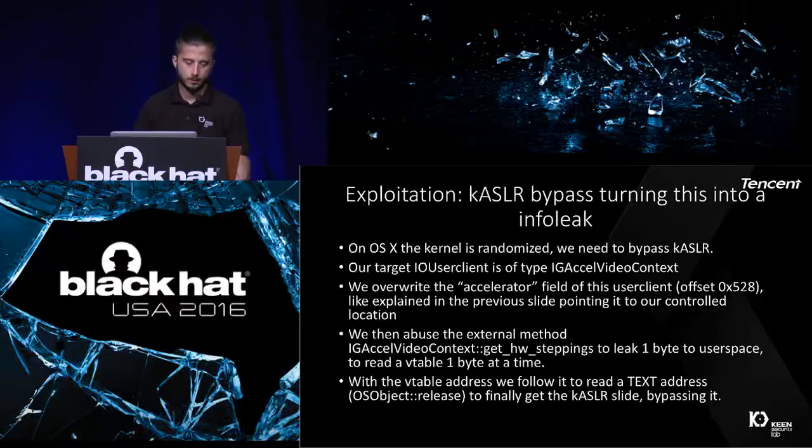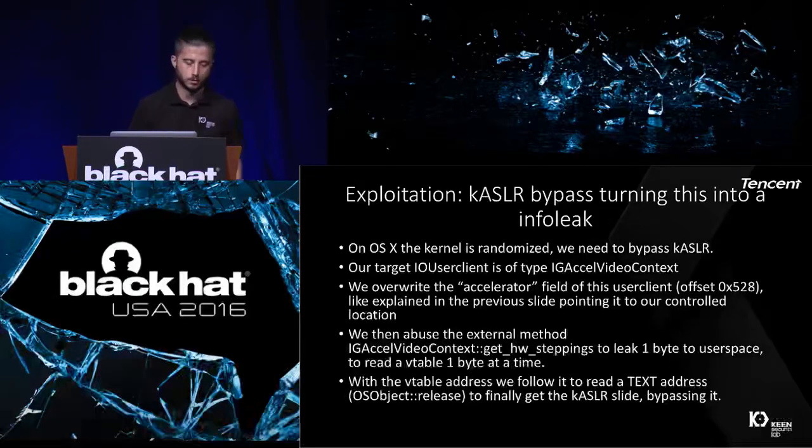So like many people may know, on OS X there is kernel ASLR, so we need to bypass it. We will abuse some external method of IGAccelVideoContext, which is an IOUserClient for graphics, to bypass KASLR and then gain instruction pointer control. So we choose to overwrite the accelerator field, which is at offset 528.